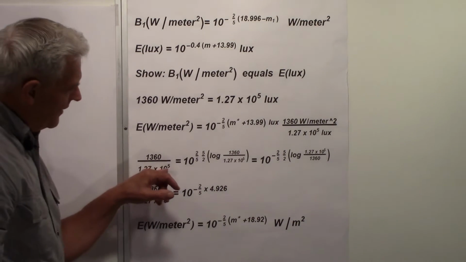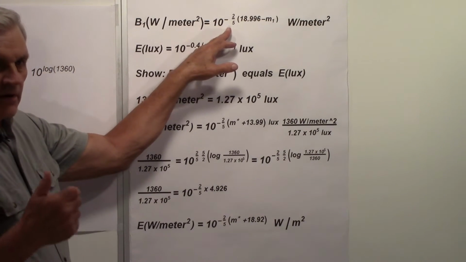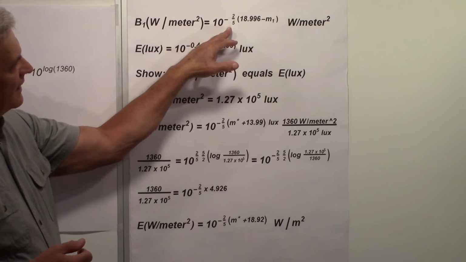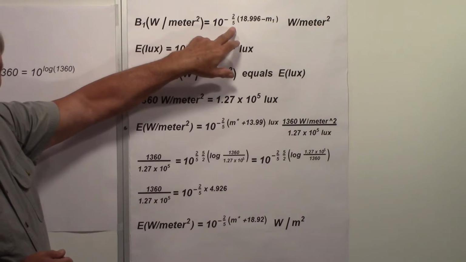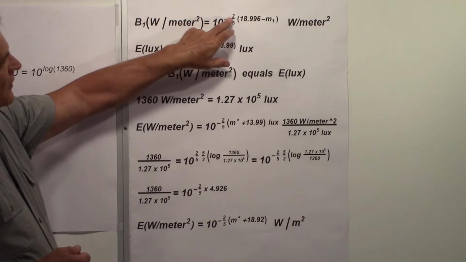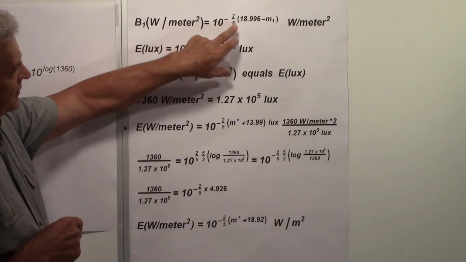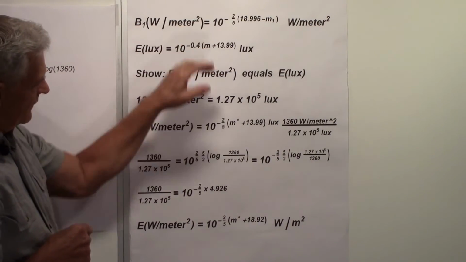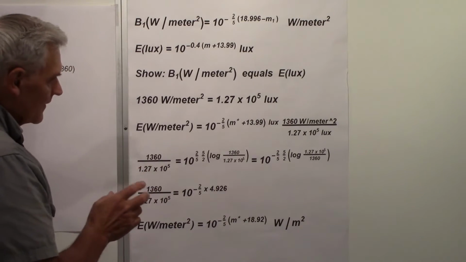And let me just point out, I always like to use the 2/5 because it reminds me that a difference of magnitude 5 corresponds to a brightness ratio of 10 to the 2. So I always like to carry it as 2/5. I don't like writing it as 0.4, but it's equivalent.